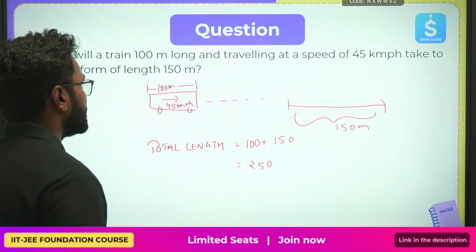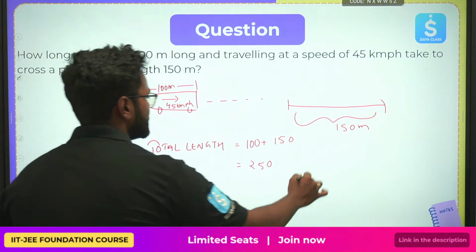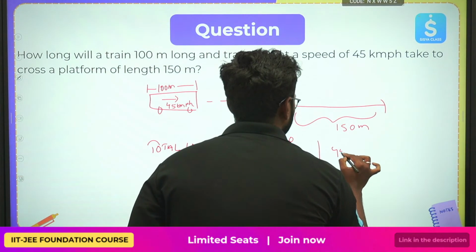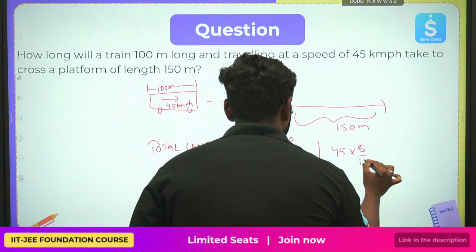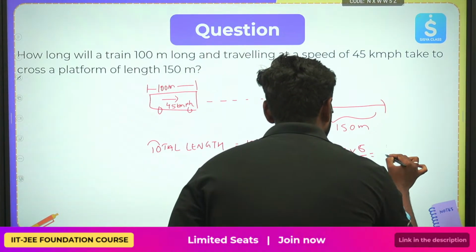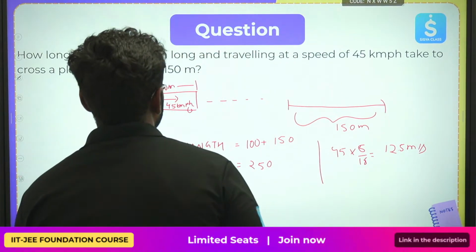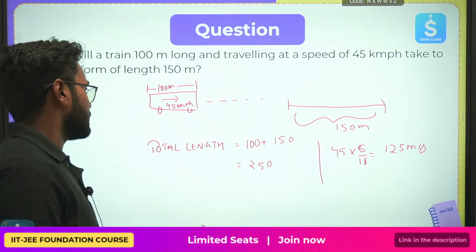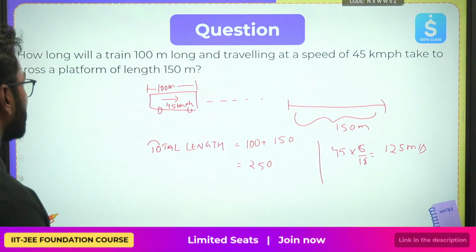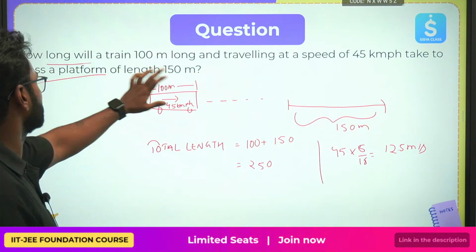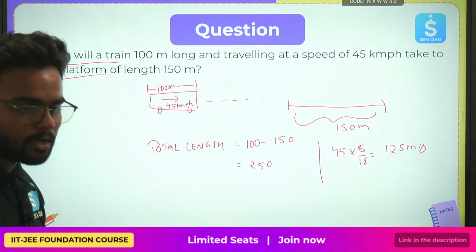Now speed, right? We know speed is given in kmph. Let us convert this. 45 into 5 upon 18. This should be 12.5. Okay, you know the length, you know the speed, you can find the time. You have asked how long, which means it's asking about time.